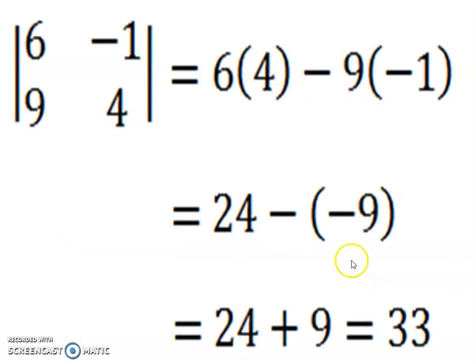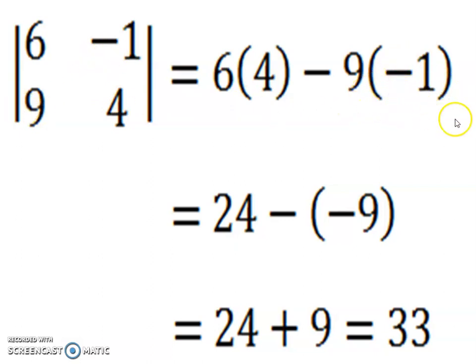Let us try one more example. In this example, 6 and minus 1, 9 and 4 are given. The same trick applies: the value of the determinant is given by 6 into 4, the diagonal elements first, then the second diagonal. Be careful, the middle sign is always negative, but minus 1 into 9.